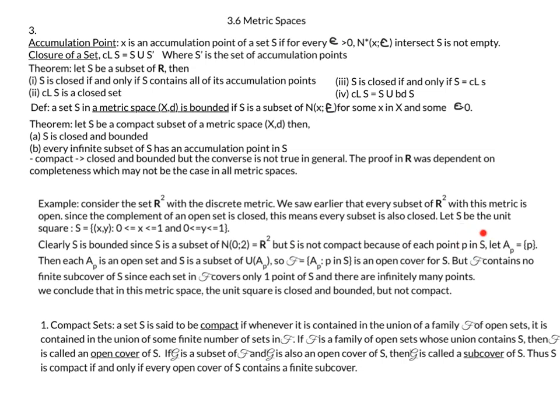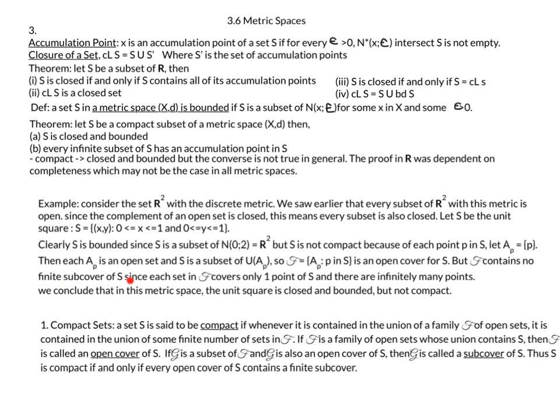So let's take each point in S. We can have a cover for S, A_P, equal to the set containing the point P. Then each A_P is an open set. Remember, in the discrete metric space, every subset is an open set. So each A_P is an open set, and S is a subset of the union of all of these A_P. So here we have an infinite open cover of S, basically all of the individual elements.